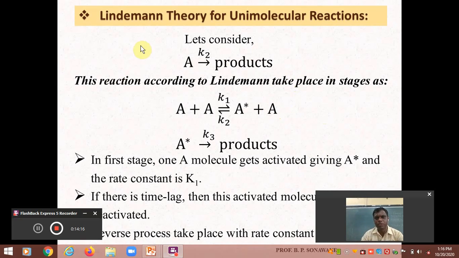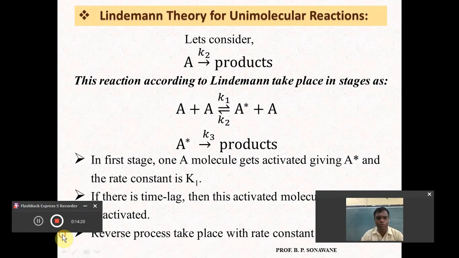For that purpose, he considered a simple reaction in which the reactant gets converted into product. Suppose A is the reactant, and it gets converted into product with some rate constant. According to Lindemann, this reaction takes place in a number of steps.